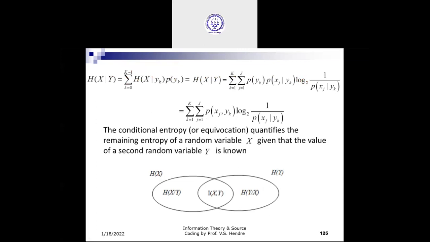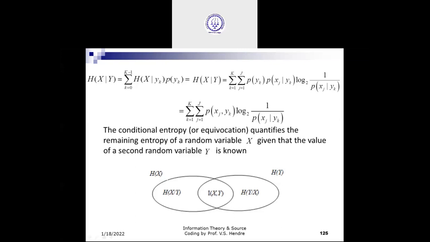Now, if I have p of x, I can define H of x. If I have p of y, I can define H of y. If I know p of x given y, I can define H of x given y. If I know p of y given x, I can find out H of y given x. And if I know p of x comma y, I can find out the mutual information I of x comma y between the two channel ends.